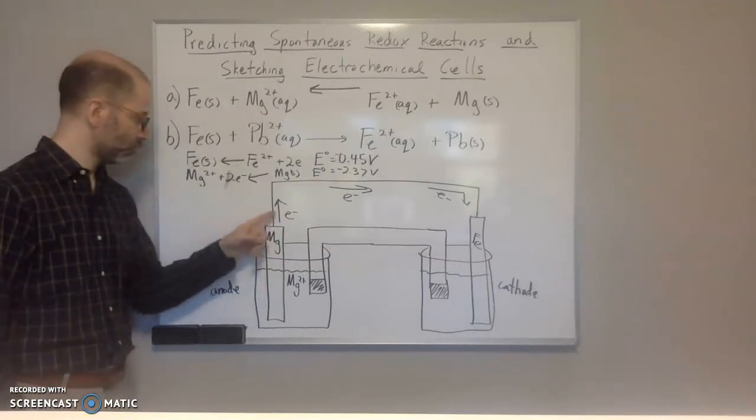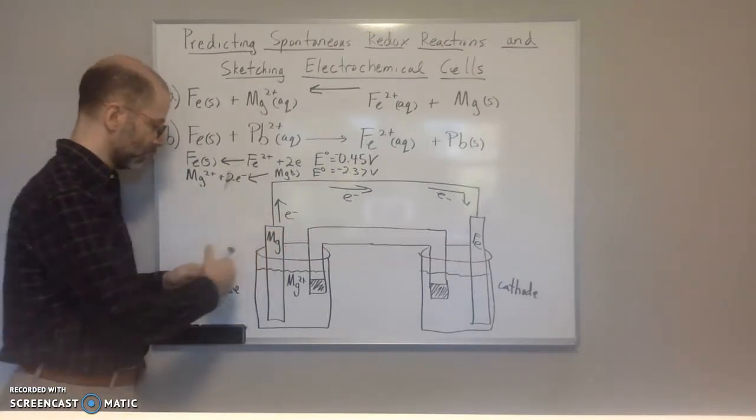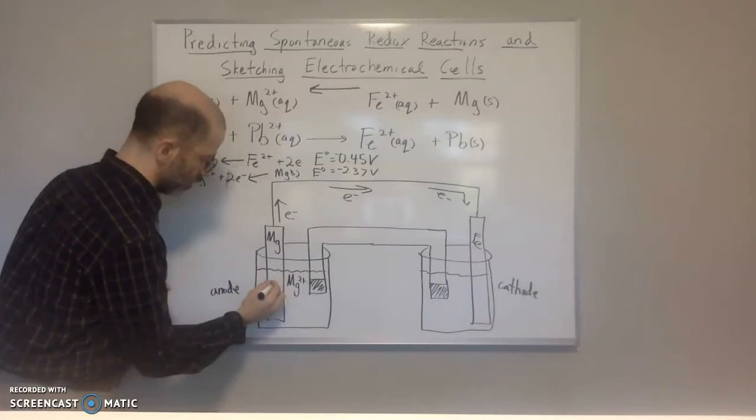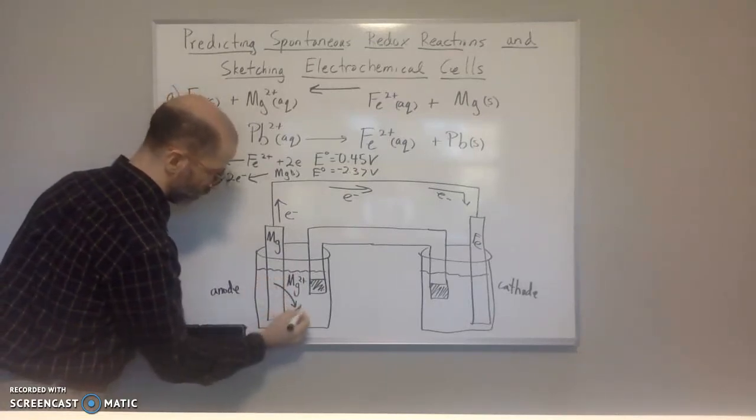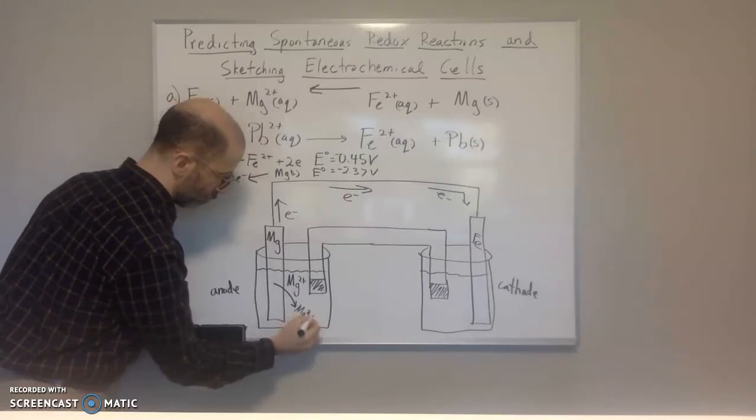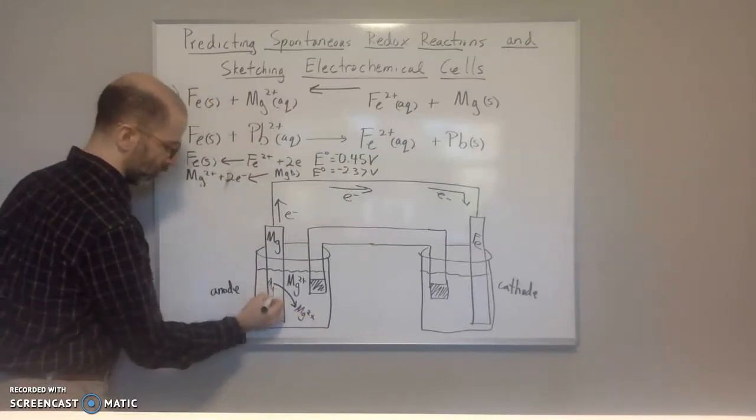Magnesium is going to lose the 2 electrons, so more magnesium 2+ is going to be formed from magnesium.